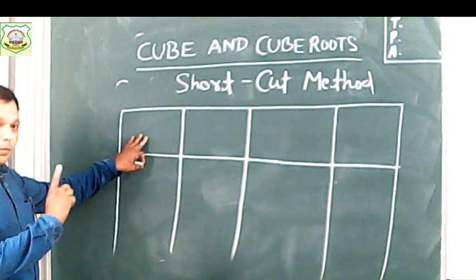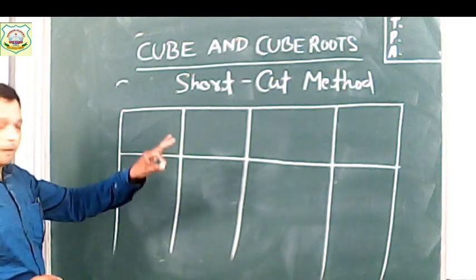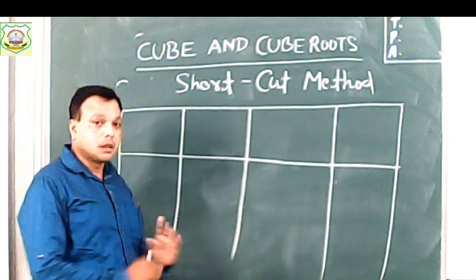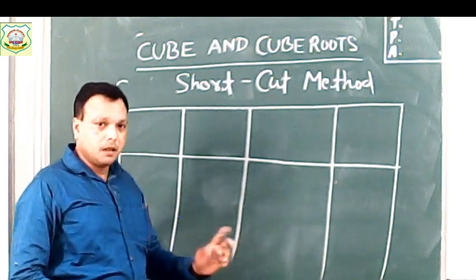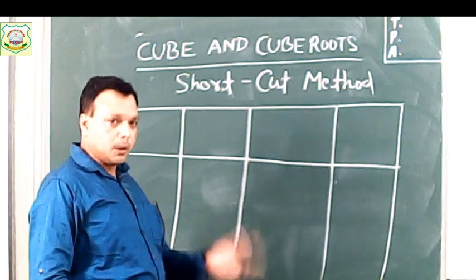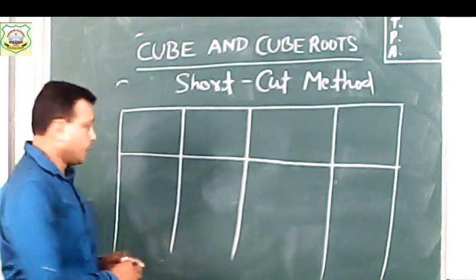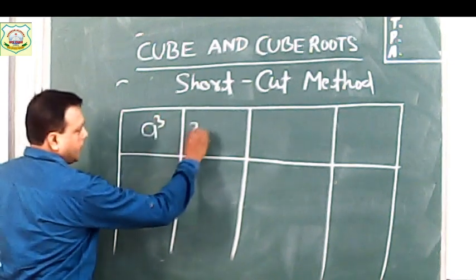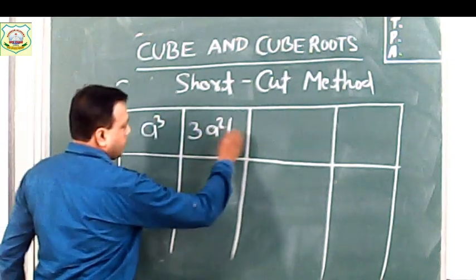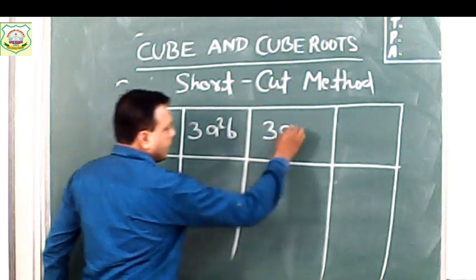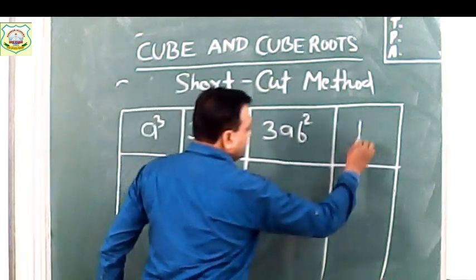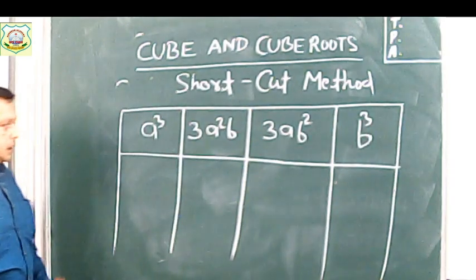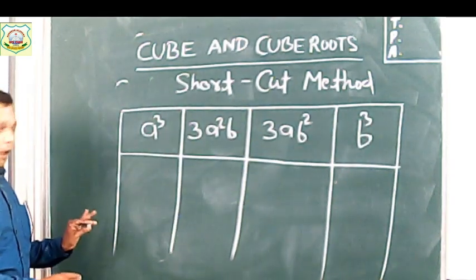What you have written first, when you got the expanded value of a plus b whole cube: a cube plus 3a square b plus 3ab square, then b cube. We will arrange here a cube, 3a square b, 3ab square and b cube. This we have arranged. How will we multiply?